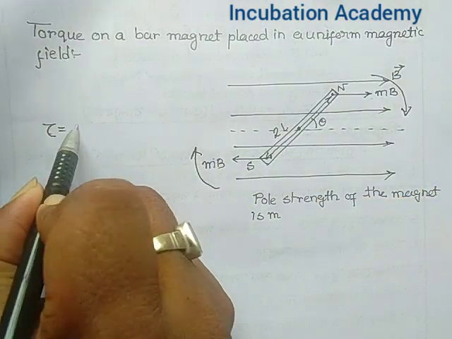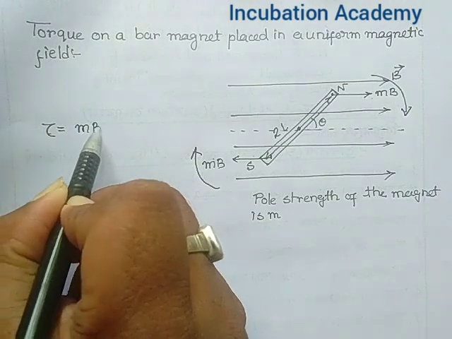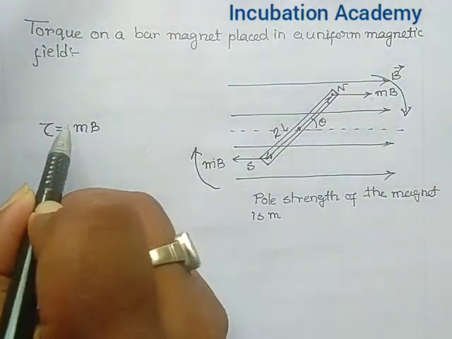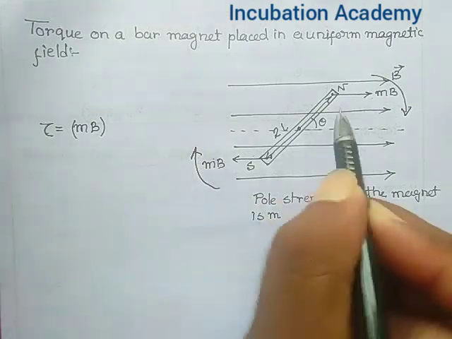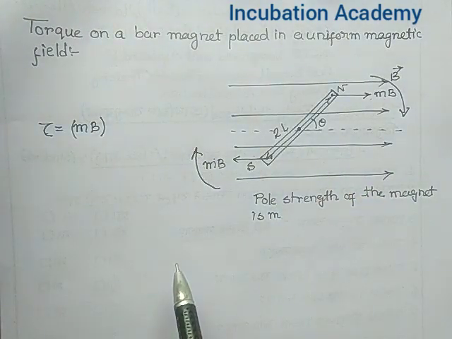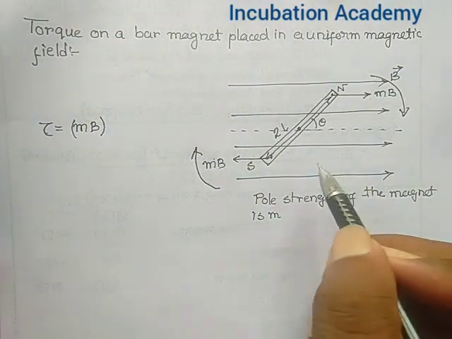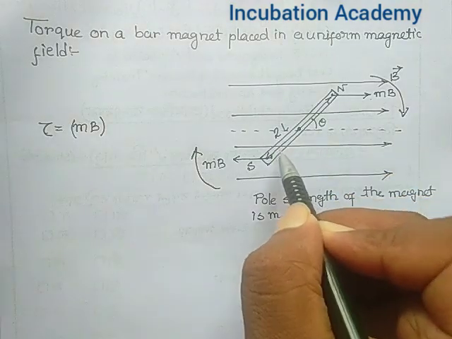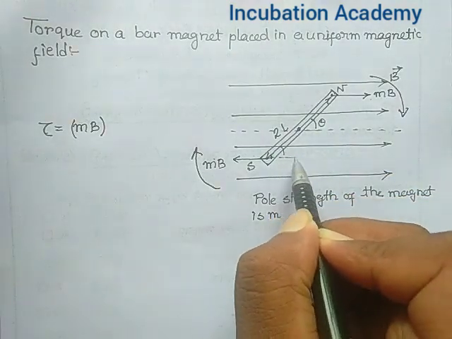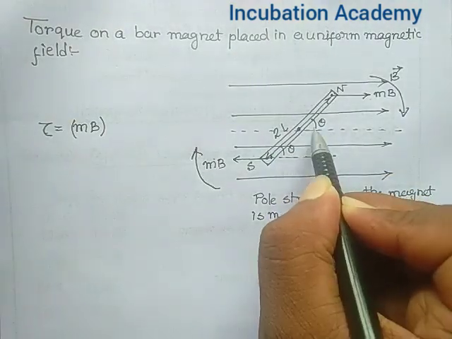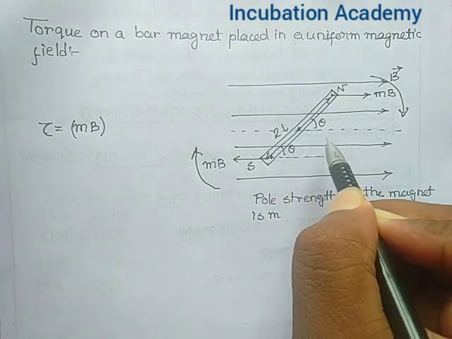So I am writing down MB here, from the definition of the torque: the magnitude of any of these two equal forces and the perpendicular separation between them.